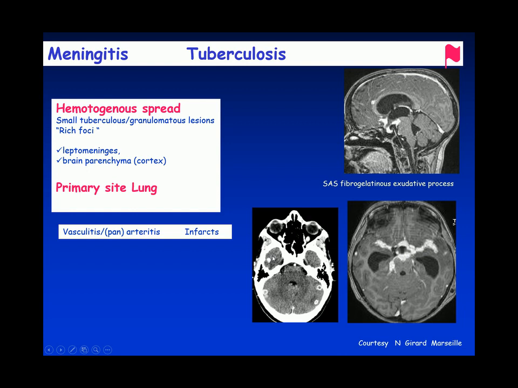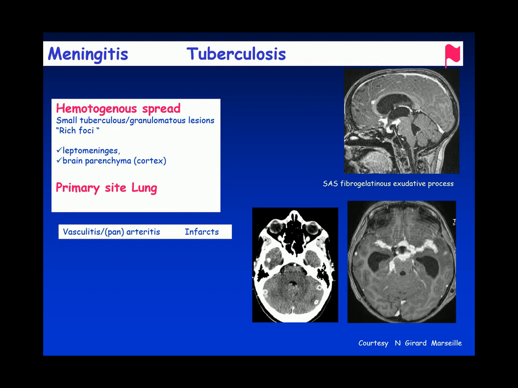And also, tuberculosis may affect again the vessels, and you may have panarteritis, that means arteritis of all vessels of the brain, and this may result in infarcts.